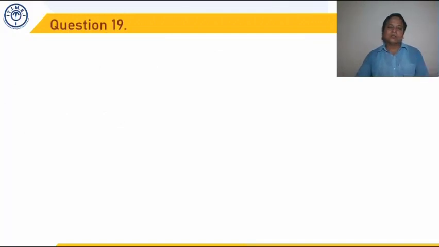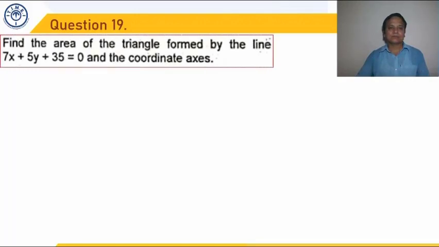Now let's use this in a question. Question 19 of the handout using intercept form. It says find the area of a triangle formed by the line 7x plus 5y plus 35 equal to 0 and the coordinate axis. So first of all we convert this equation into intercept form.